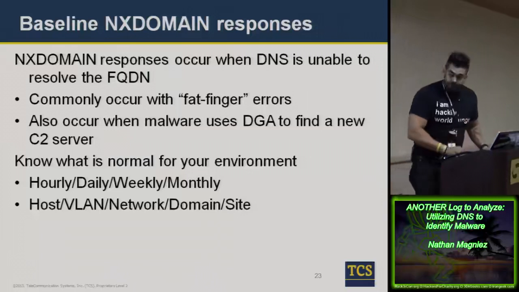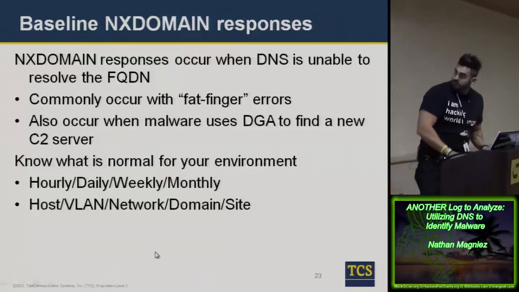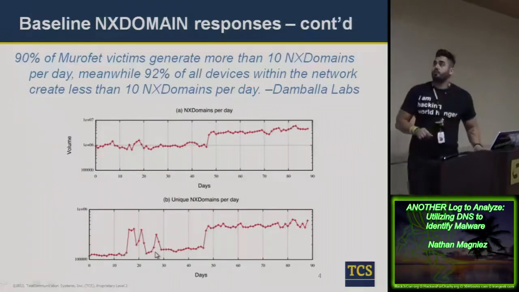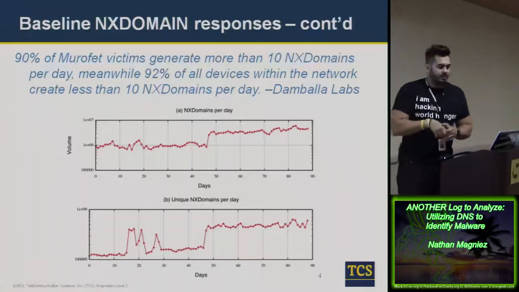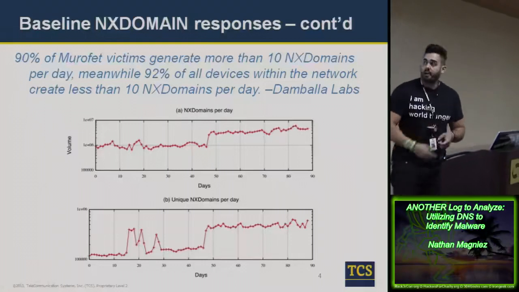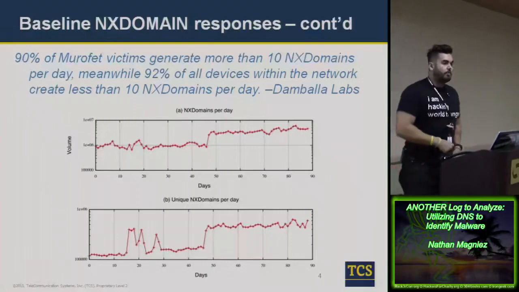All right, so a little quote up there from Damballa Labs, another shout out to them. When I was looking at this stuff, they had a lot of good information that I borrowed from them.